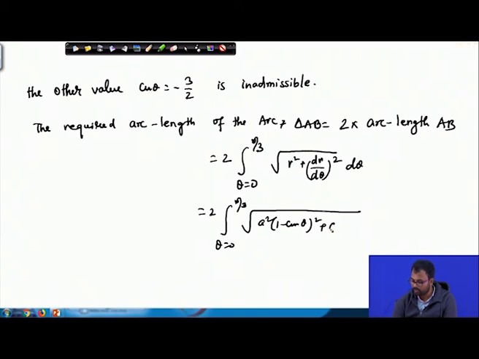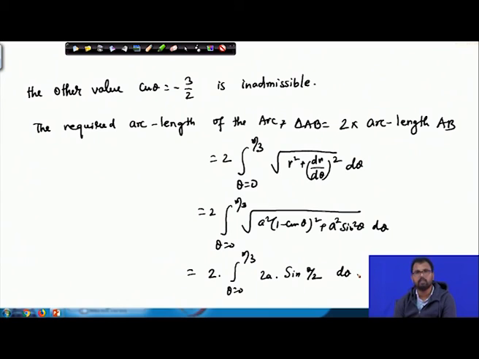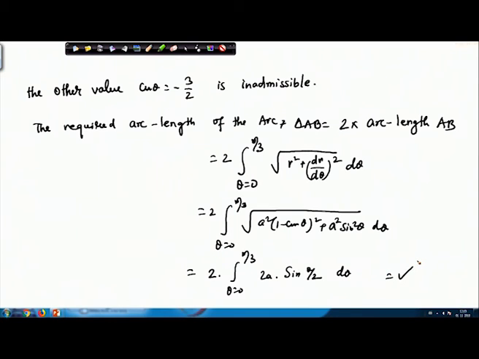So this is a square sin square theta d theta, and if you do the simplification then we will obtain 2 times the integral from 0 to pi by 3 of 2a sin theta by 2. We do the integration like we did before, and then we'll get our required answer.